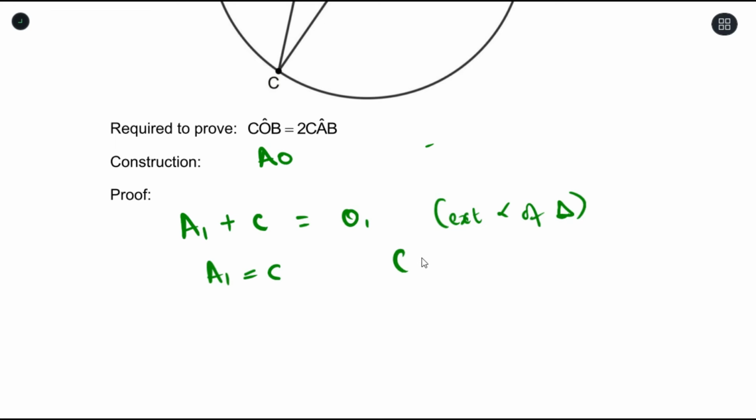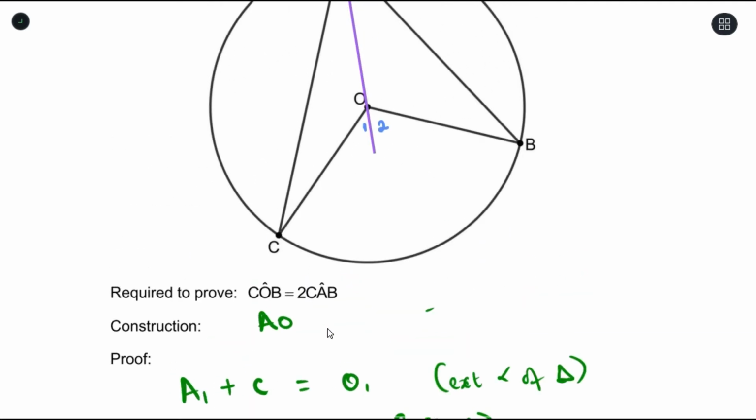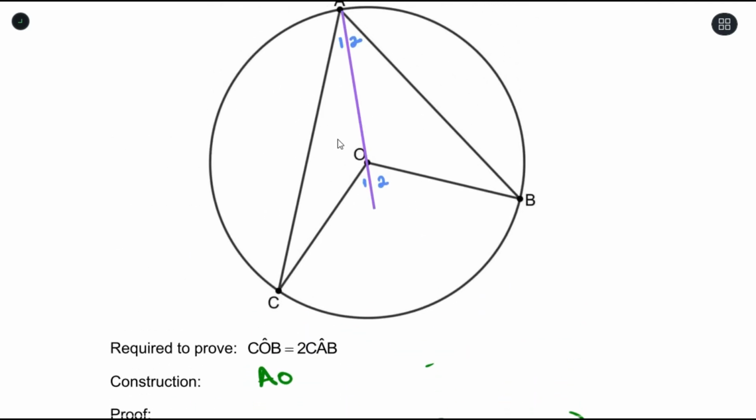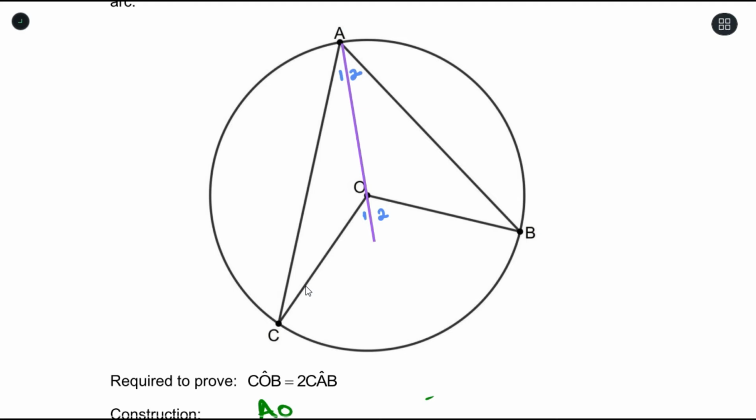The reason for that is an isosceles triangle, and therefore it would mean that 2A1 is equal to O1, for this triangle. Now, this triangle OAC is similar to triangle OAB.